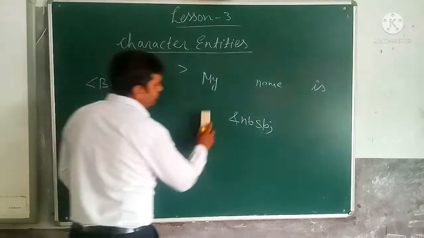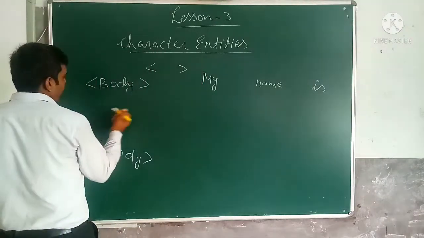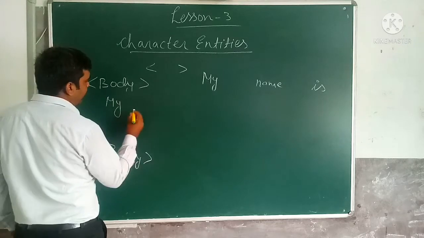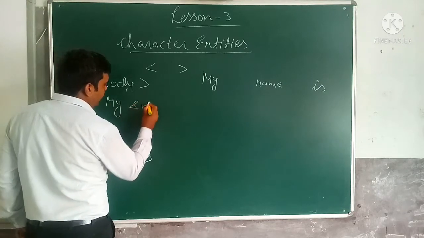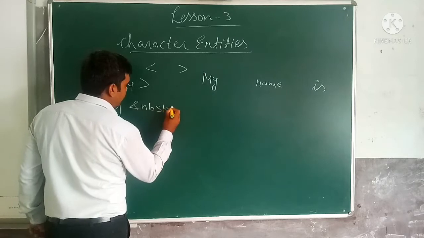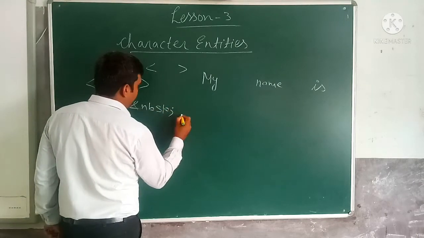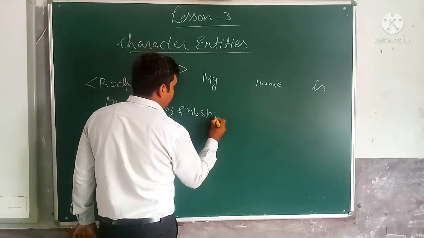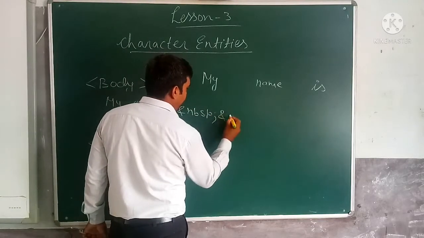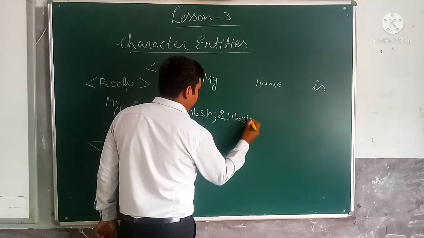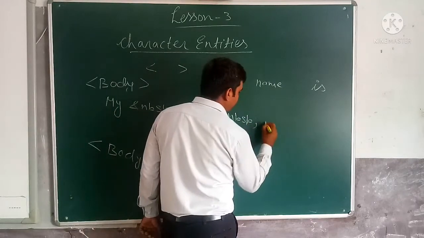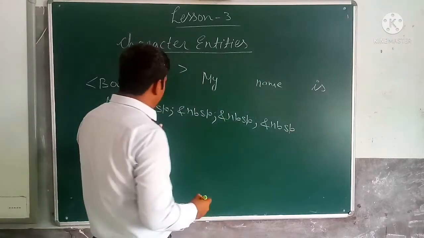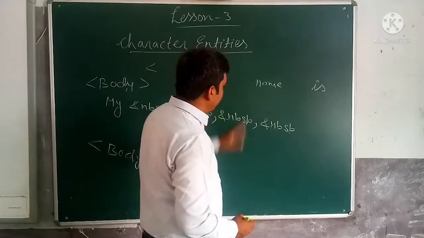See how I write this inside the body. First I will write "mine", and after that 5 character spaces, so NBSP semicolon, again NBSP semicolon, again NBSP semicolon, again NBSP semicolon. See, 1, 2, 3, 4, 5 character spaces are there.